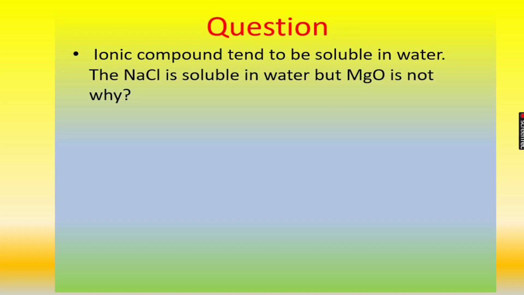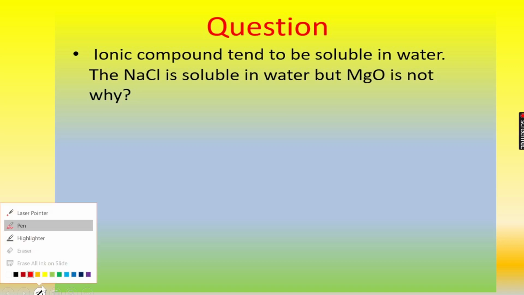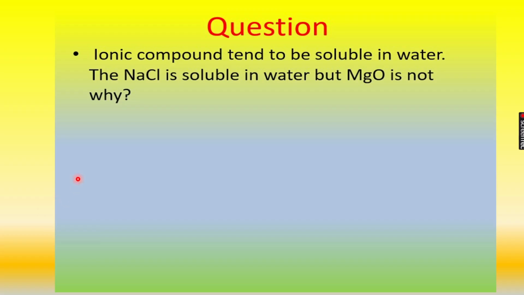Okay, let's get started with this question. Ionic compounds tend to be soluble in water. For example, NaCl is soluble in water. Okay, let me use my laser pen.